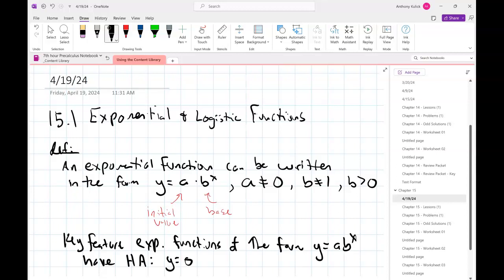So a key feature for all exponential functions of the form a times b to the x is that they all have horizontal asymptotes at y equals 0.